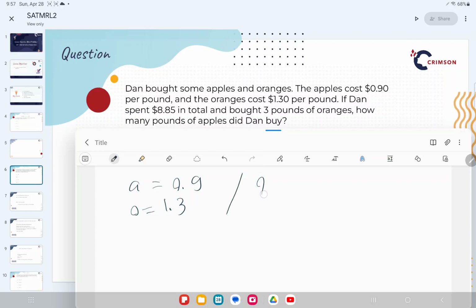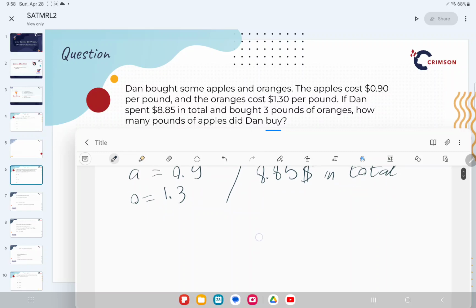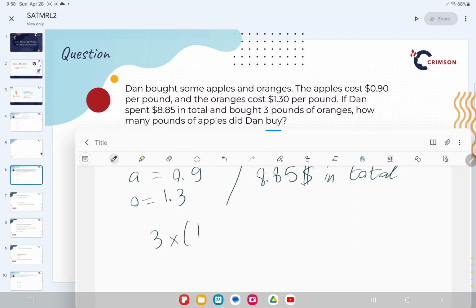Now, if Dan spent $8.85 in total, so if he spent all of this money in total, and I told you that he bought 3 pounds of oranges, so 3 times 1.3, because this is 1 pound. So this is going to be 3.9.